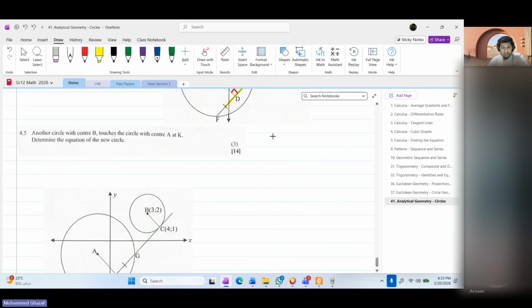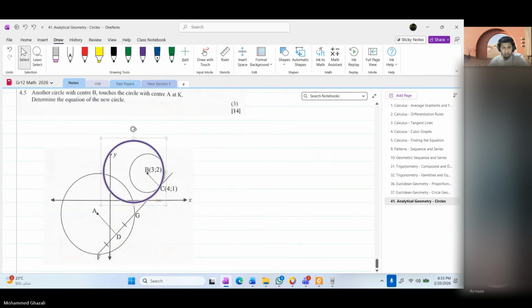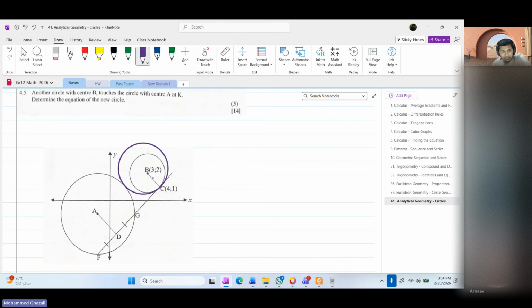We need to draw another circle, right? Another circle with center B touches the circle with center A at K. So basically they're touching here.